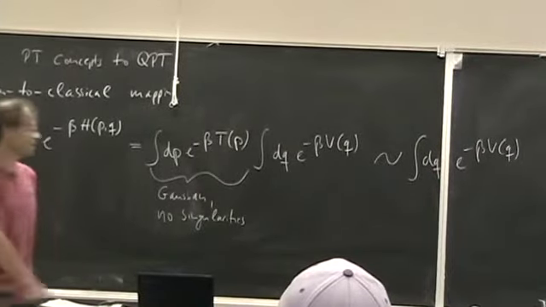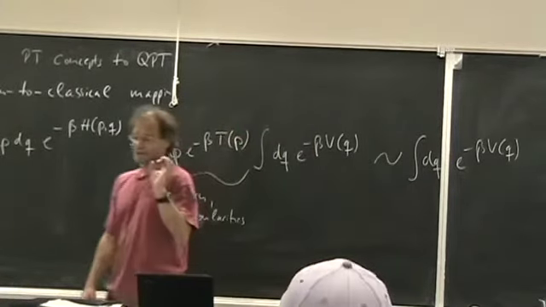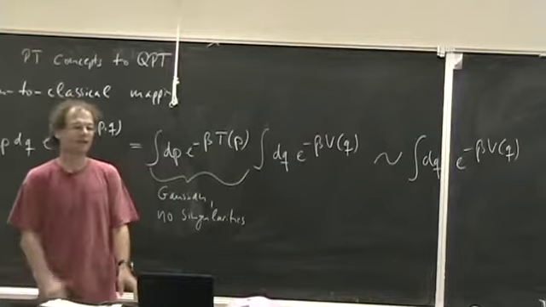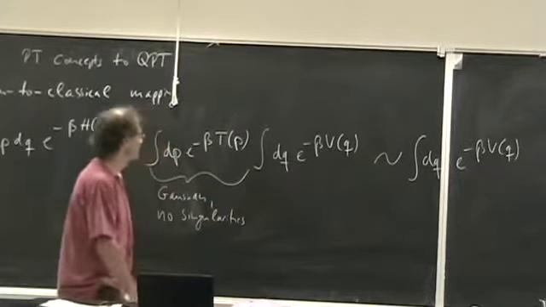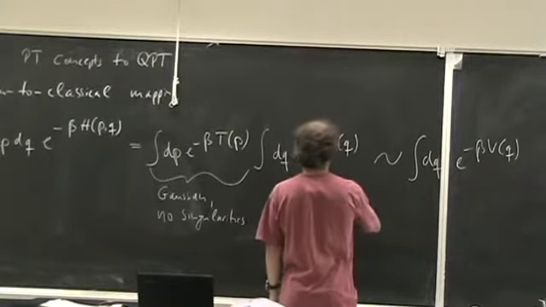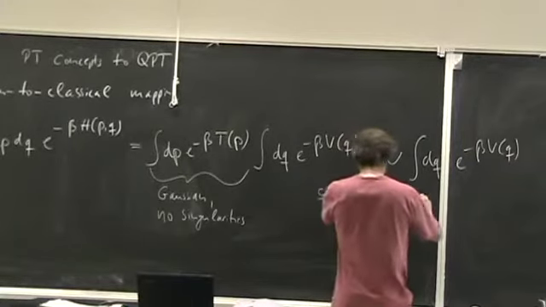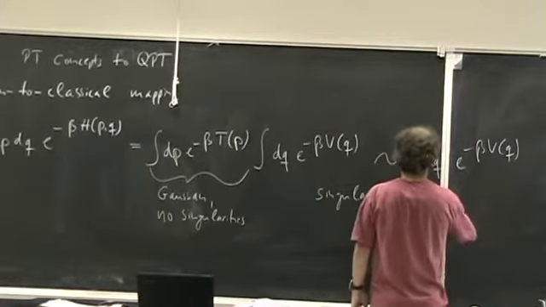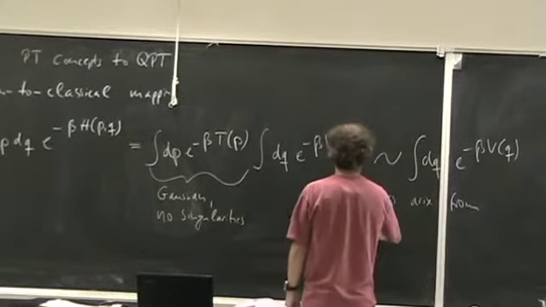And again, I emphasize that this is only true if you are interested in the singular behavior of the free energy and not in precise numbers for a particular material. So the singularities arise from the configuration part only.